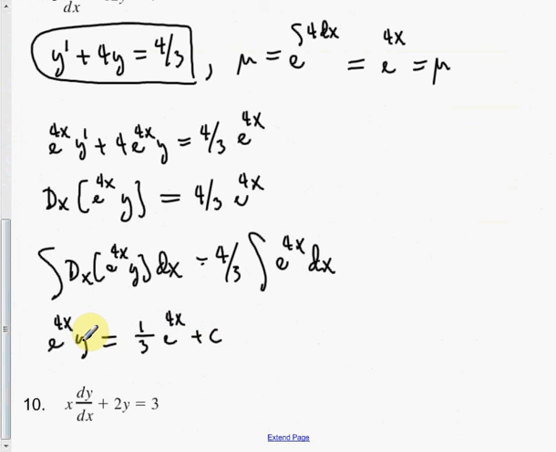Divide everything through by e to the 4x. So y is equal to 1/3 plus c times e to the negative 4x. That's the answer.